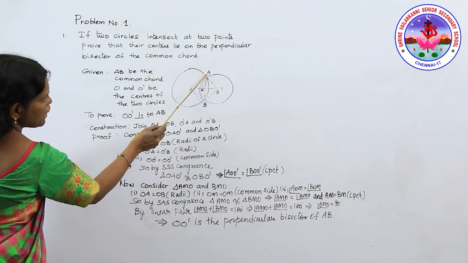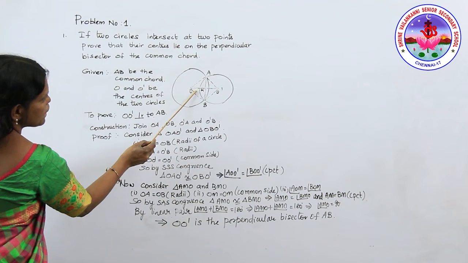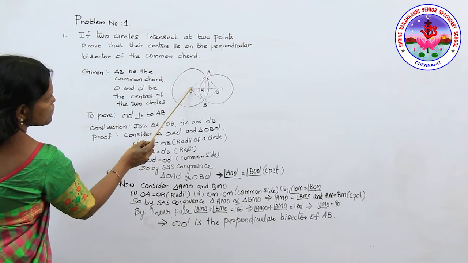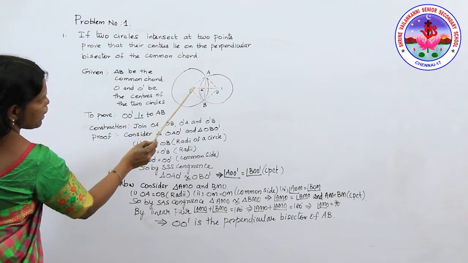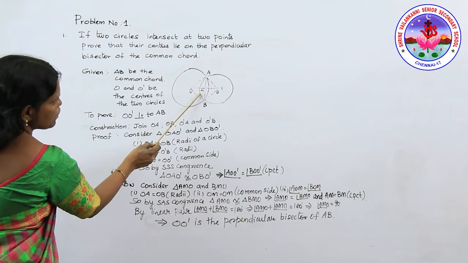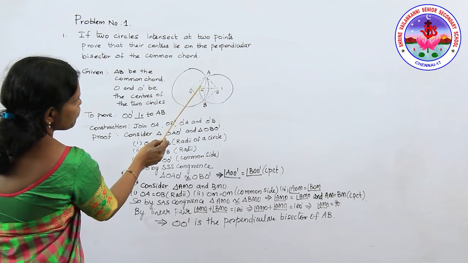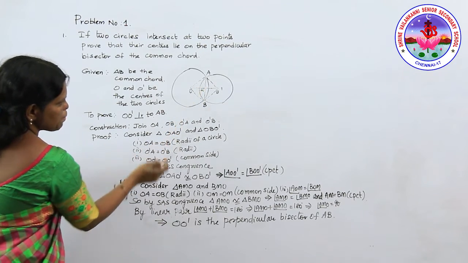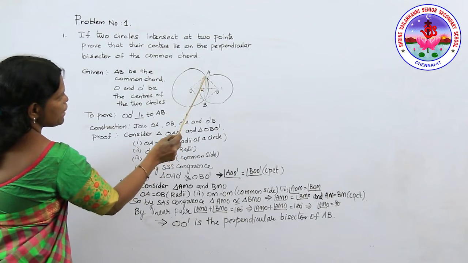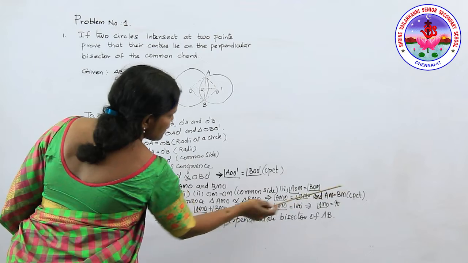So instead of writing AOO dash, I am stating it as angle AOM is equal to angle BOM. Those two angles are equal, there is a common side, and OA is equal to OB, so I can use SAS congruence. These two triangles are congruent to each other. Since they are congruent, I find that angle AMO is equivalent to angle BMO by CPCT. Also, AM is equal to BM because of these congruent triangles.